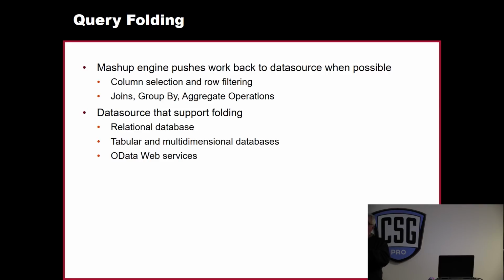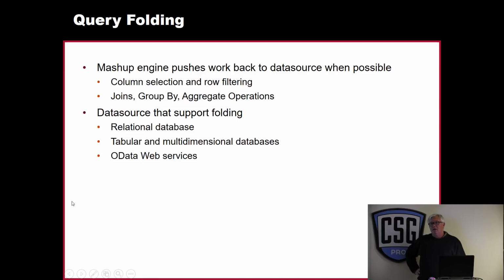So right after I have the first statement that gets the data from the database, then I have select columns, and then I have a select rows. The mashup engine is smart enough to say, hey, we're getting rid of some columns, we're getting rid of some rows, why bring everything back? So the idea of query folding is it can create a single SQL statement that selects only the columns that you want and has a where clause to only bring back the rows that you want. In general, query folding is a very important concept, and we like that inside there.